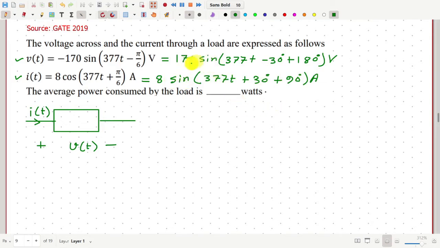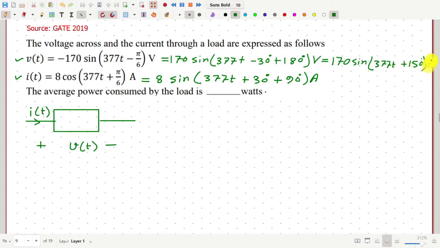Then this voltage is same as 170 sine 377t plus 150 degree, and the current is 8 sine 377t plus 120 degree. So the angle between the voltage and current is 30 degree.